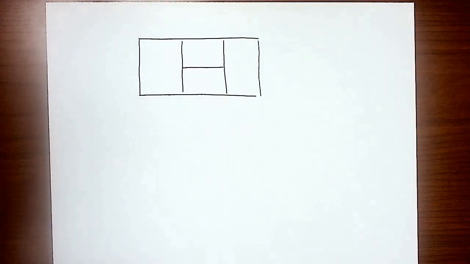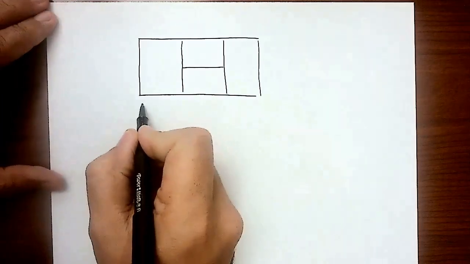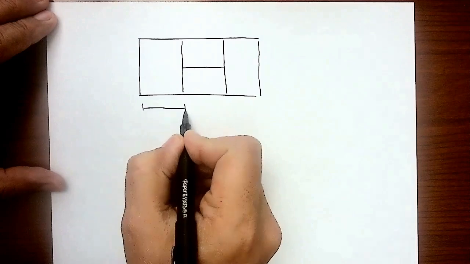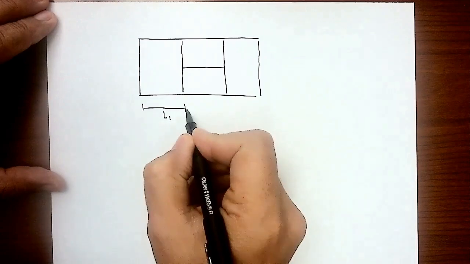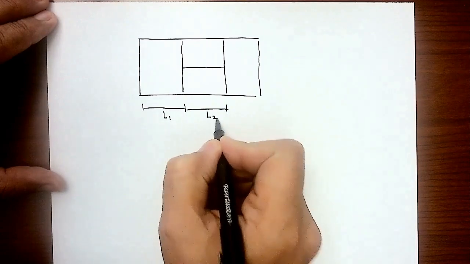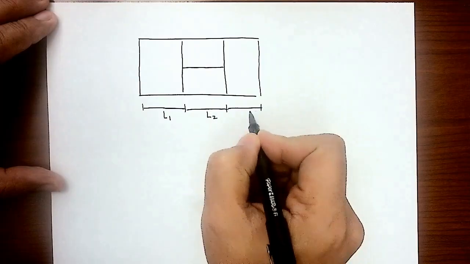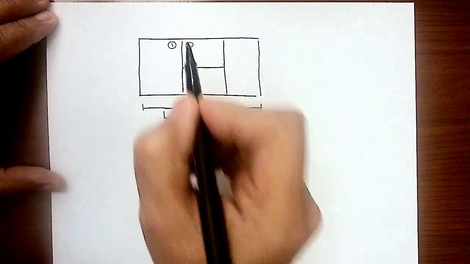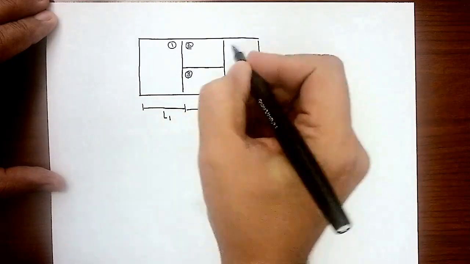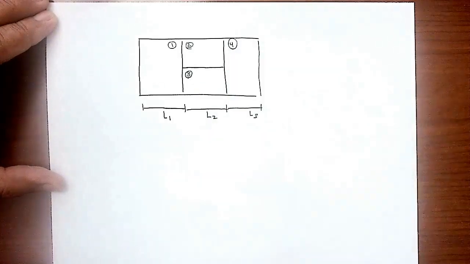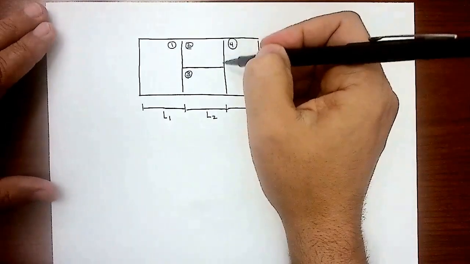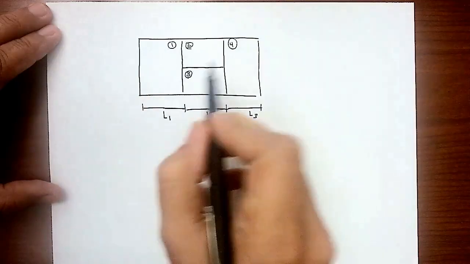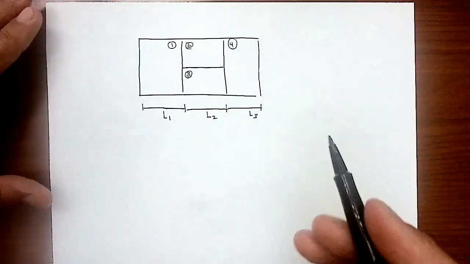Let's say that this is L1. This length here is L2. And this length here is L3. Let's renumber these blocks. That's block number 1, block number 2, block number 3, and block number 4. And let's assume the height of that small block is half the height here, and all of the blocks have the same depth to the page, right?